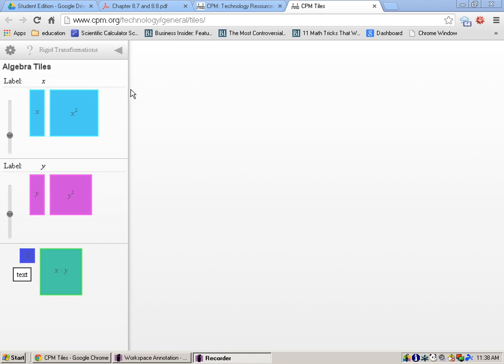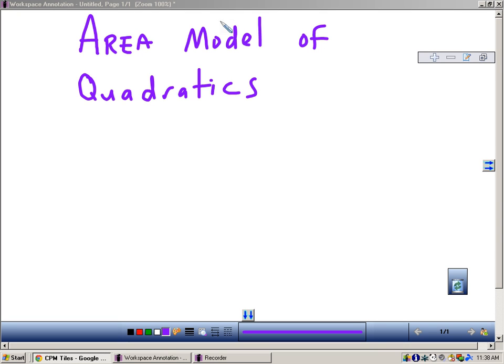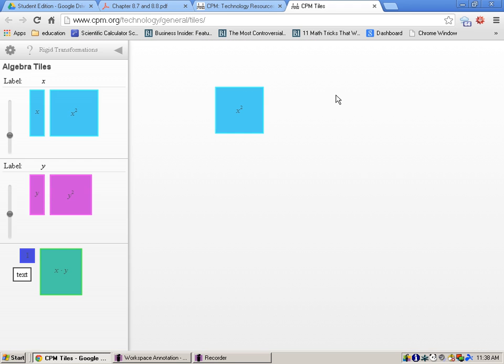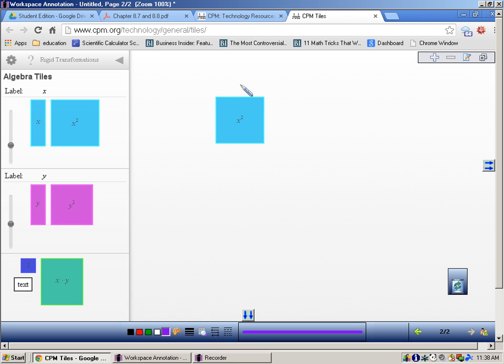The way I do that is I take this tile, it's called an algebra tile, and you'll see that there's x squared written in the center of it. What that represents is the area of that square, x squared. What that implies is that the length and width of this shape is x and x.